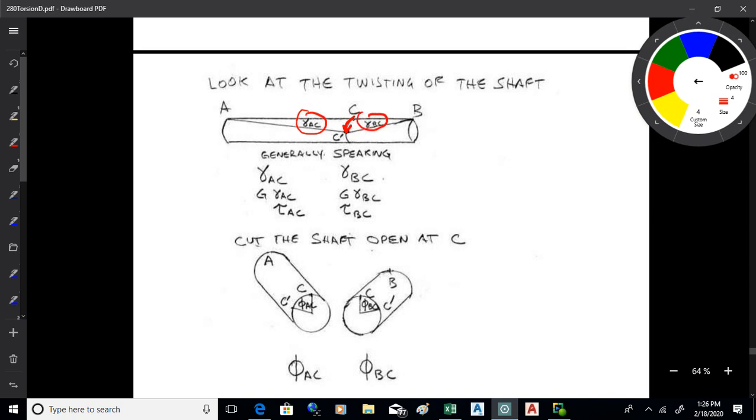Generally speaking, unless the torsion's applied right in the middle between A and B, the gammas are not equal. Okay, that's the general case. Now, if the gammas, the shear strains, aren't equal, if you multiply both sides by G, that's not equal, and that means that the shears in the two sides, generally speaking, are not equal. So neither the shear strain or the shear stress are equal in the two sides, generally speaking. You can't just assume that.